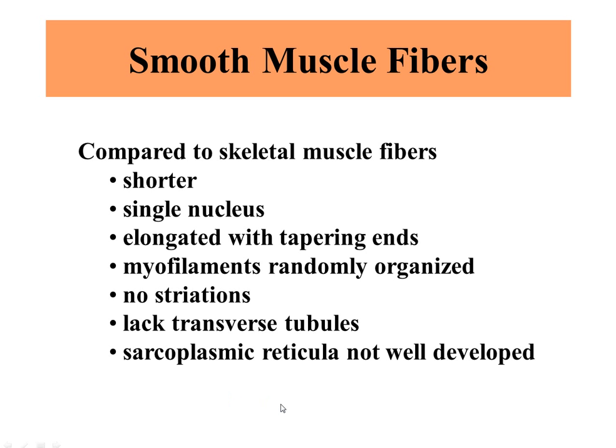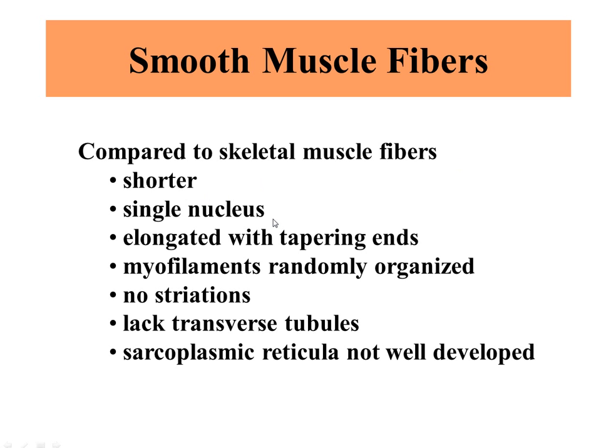Now, we're not going to talk a whole lot about smooth muscles here. We'll talk a little bit more about them when we talk about where they're located in other body systems, such as the intestines for digestion and in the walls of the stomach, etc. Compared to skeletal muscles, they're shorter.